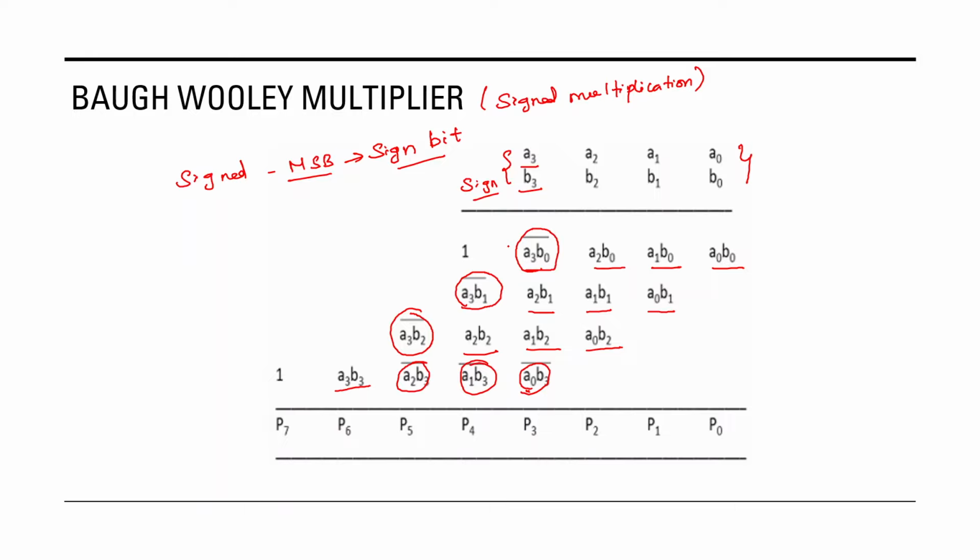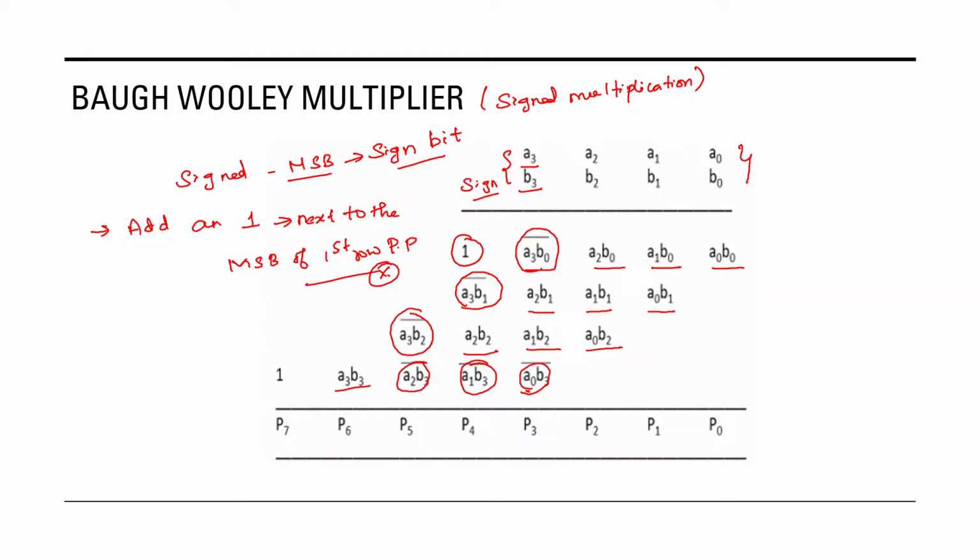And then the adjustment, as I told earlier, is what we will do over here. We will add a 1 next to the MSB of the first row partial product. That's the first rule you should remember. Okay, we will add a binary 1 next to the MSB of the first row partial product.